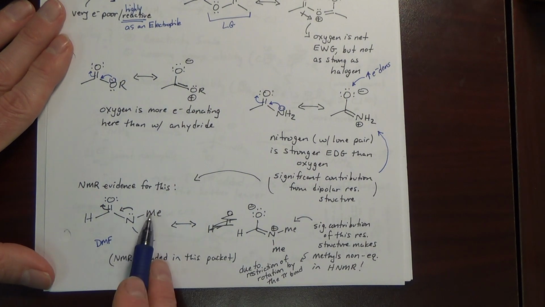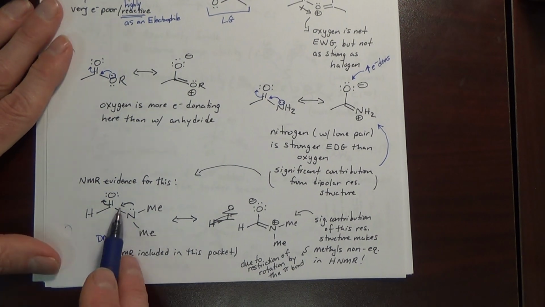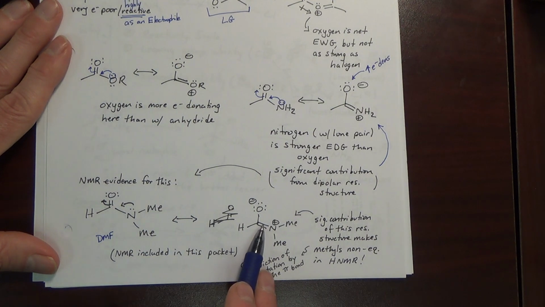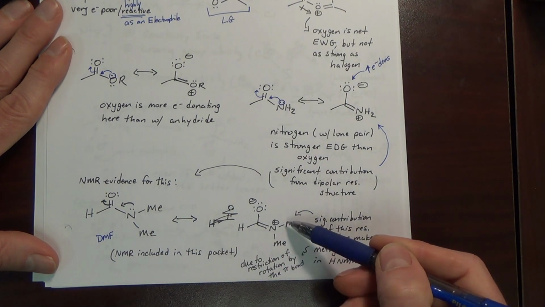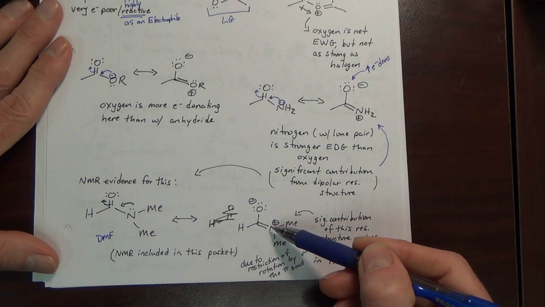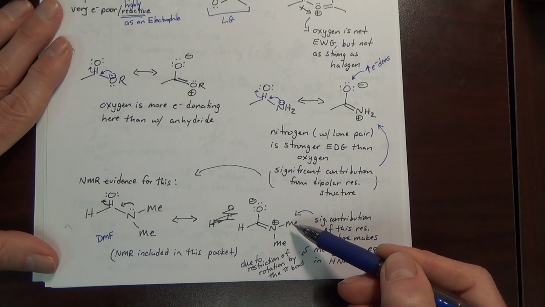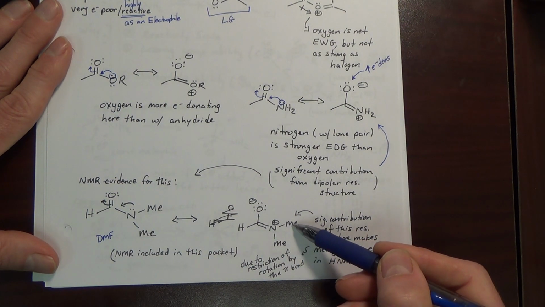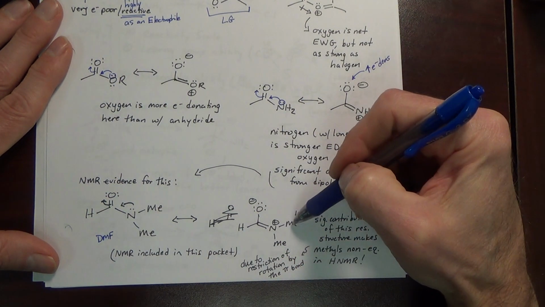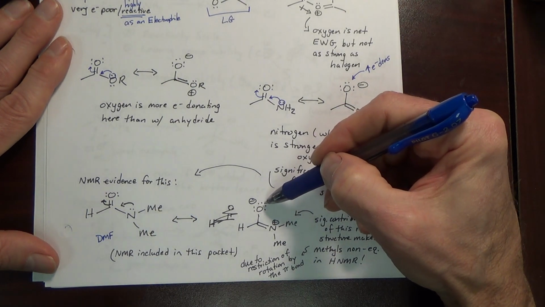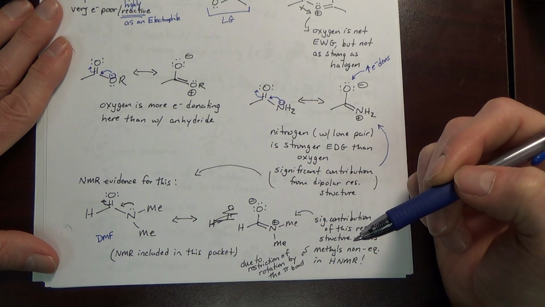Okay, here you would expect the two methyl groups to be equivalent if we consider free rotation around this single bond, but actually there is a significant amount of double bond character between the nitrogen and carbon. And the double bond character is going to restrict the rotation around the nitrogen-carbon bond, and that makes these two methyls not equivalent because one is cis to the oxygen and one is trans.